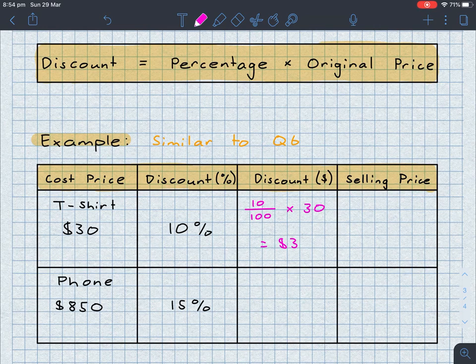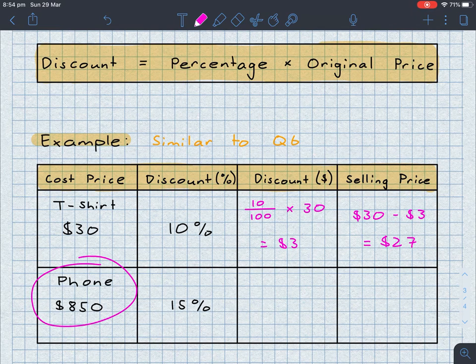So in this 10% off sale, I'm saving $3. Now this time we have to work out the selling price. So if the t-shirt was $30 and I'm saving $3, I can just do $30 take away the $3 that I'm saving. So I'm paying $27 for the t-shirt.